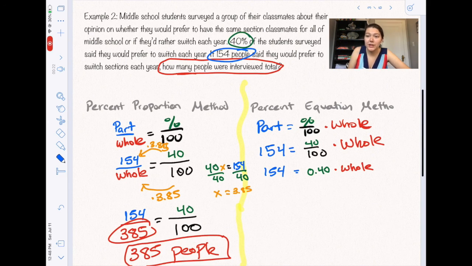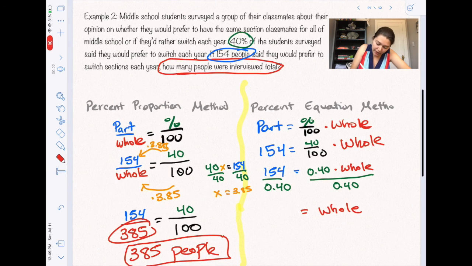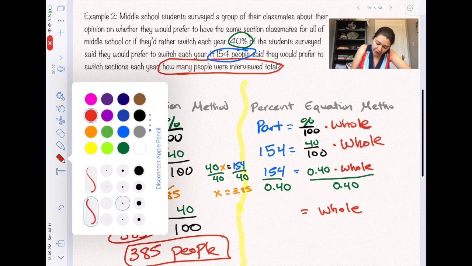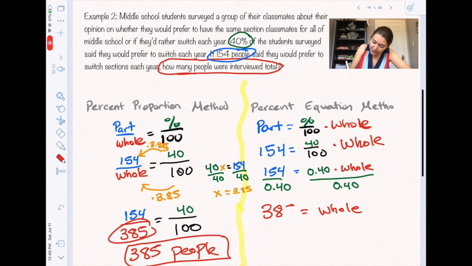So my whole is currently being multiplied by 0.4. How do you undo multiplying by 0.4? Dividing by 0.4. So I'm going to divide both sides by 0.4. And when I do that, either by decimal long division or by a calculator, I will again get 385. So there are 385 people.